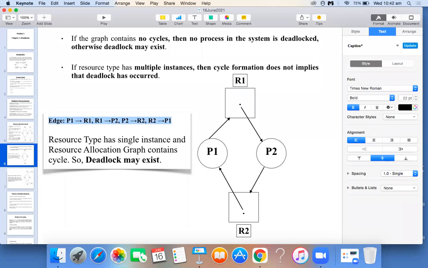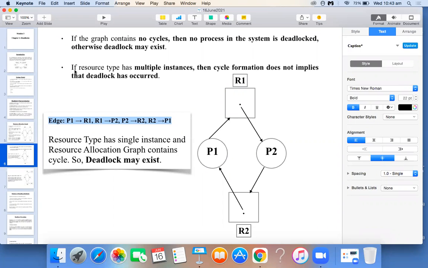This is an edge which results in a cycle formation. And I told you, whenever there is any cycle formation, the deadlock will occur. If there is no cycle formation, then the deadlock will not exist in our system. That's what this diagram is trying to say.